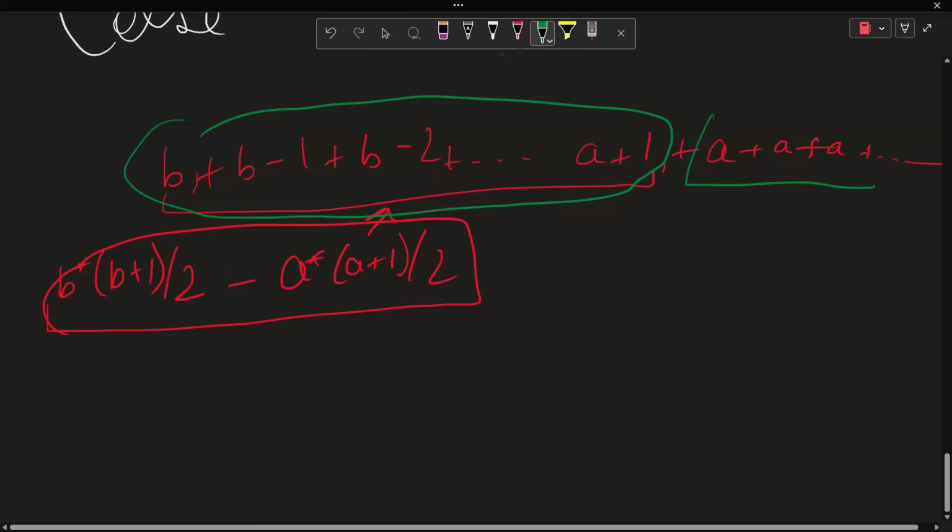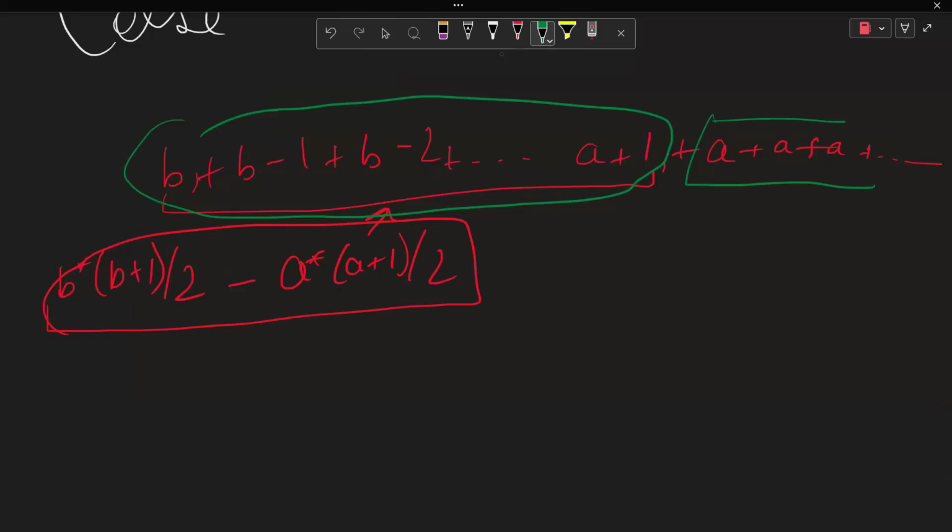Now, what about this remaining part? So we have a's. How many times do we have a's here? We need to have a total of n elements here. So out of n elements, how many elements did we already have here? From b we moved till a plus 1. So there were actually b minus a elements already covered here.